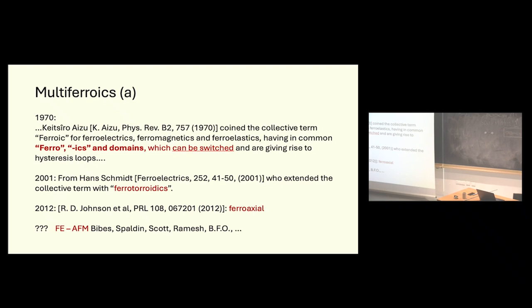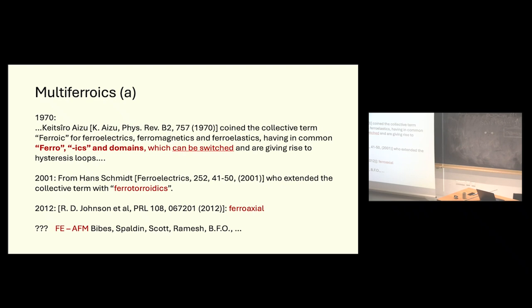So it was 2001. And then 2012, there was also found experimentally material which was ferroaxial. So it was also realized that this can be macroscopic order parameter. So all four vectors are there, and one bidirector.